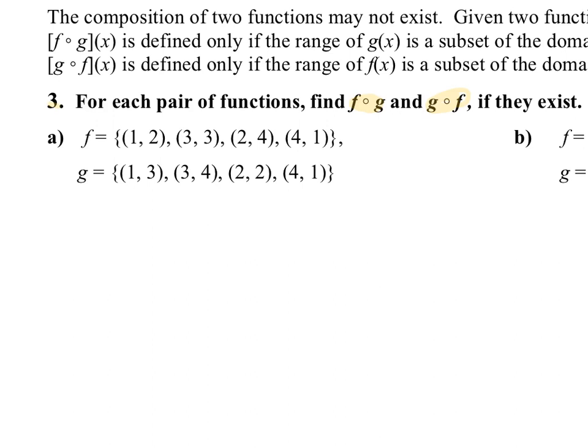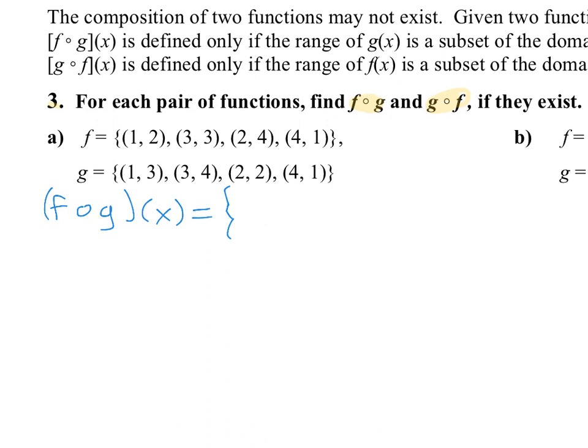Okay, so let's start with finding f compose g. So I'm going to write it like this, f compose g of x equals, now I'm going to make braces. When you're finding f compose g, start with the coordinates in g.